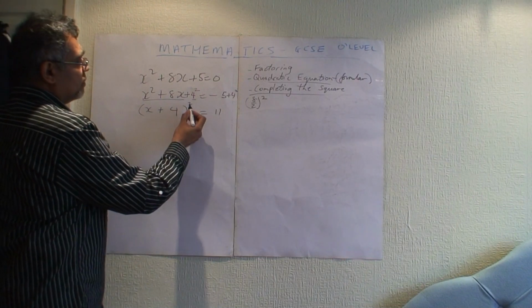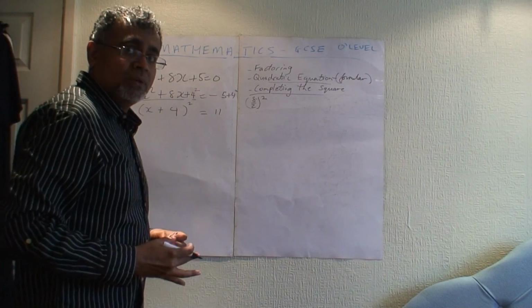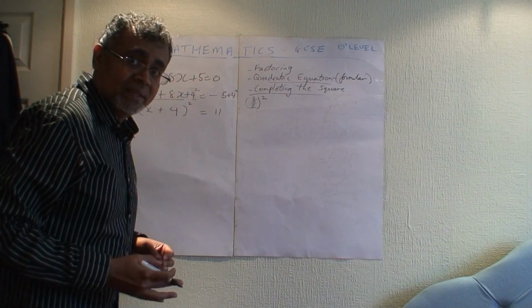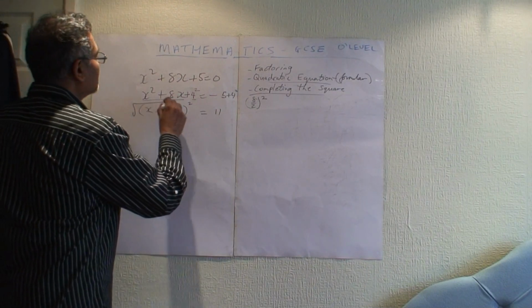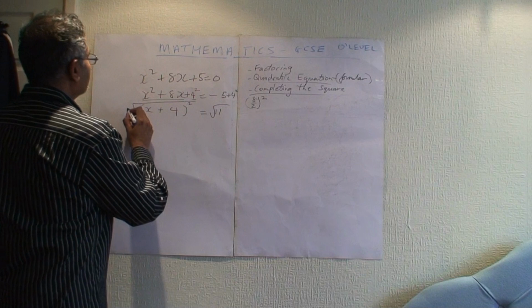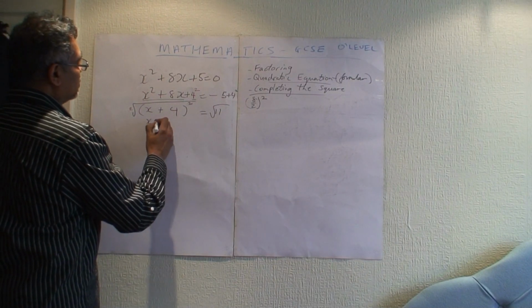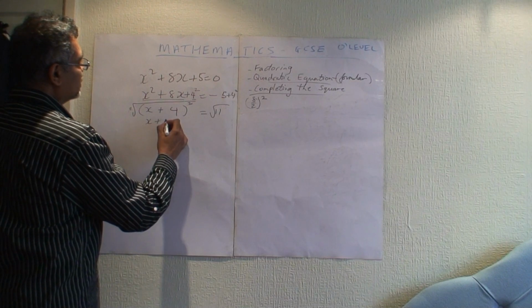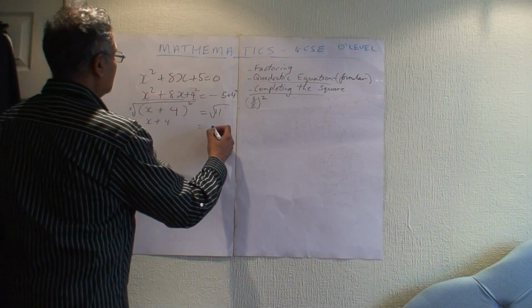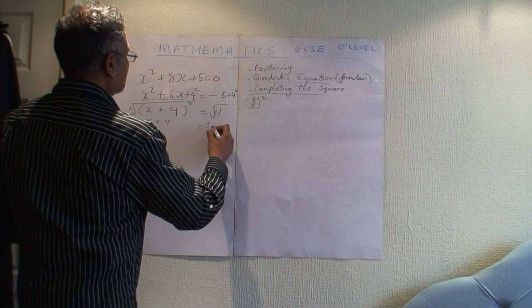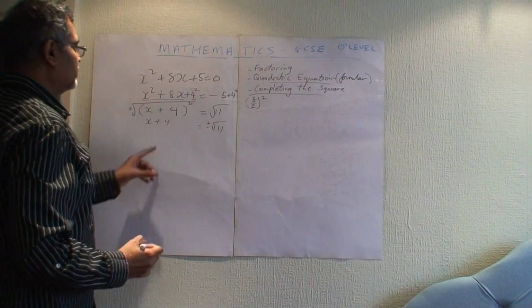Now to get rid of the square, we find the square root on both sides. The square root cancels the square, so we take the brackets out. That's x plus 4 is equal to plus and minus the square root of 11.